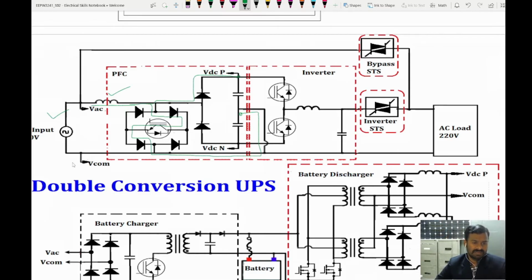In the negative cycle of the input, the power flow goes in the opposite direction. So from here until here, and then at the same time the power also flows through this path.